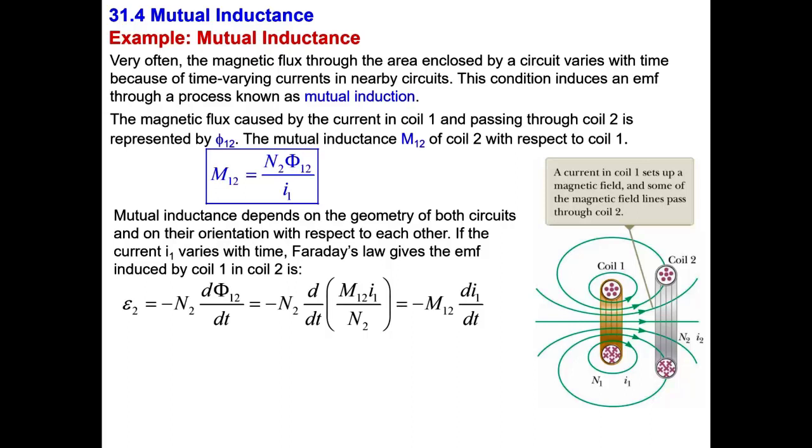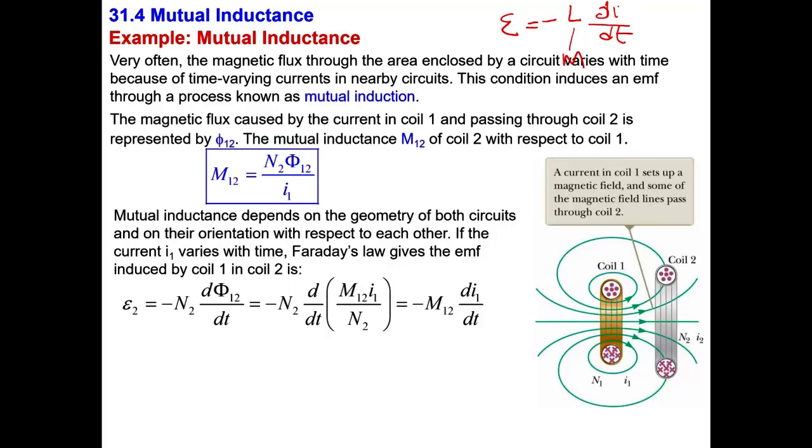That is, by Lenz's law, minus the mutual inductance between the two coils times the derivative of the current with respect to time. Before we had E equals minus L di/dt, so it's the same equation except we replace L by M, and now the current is caused by something else.